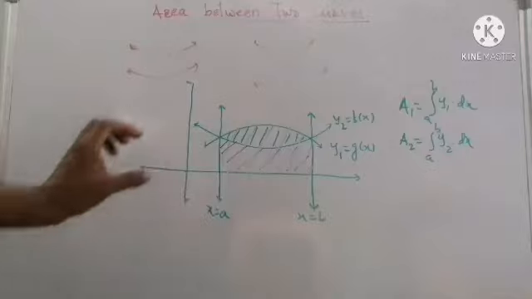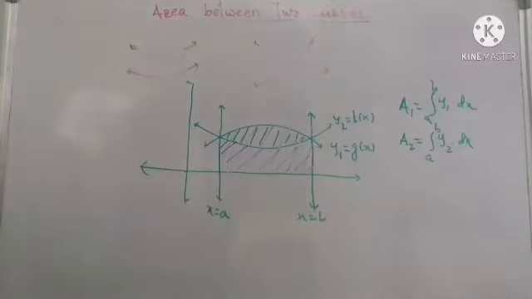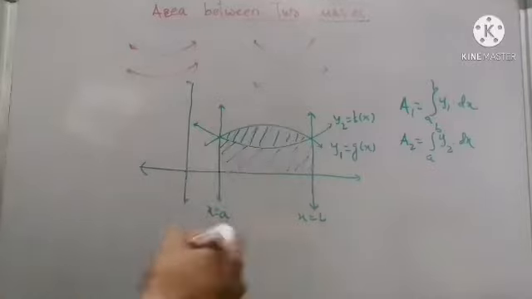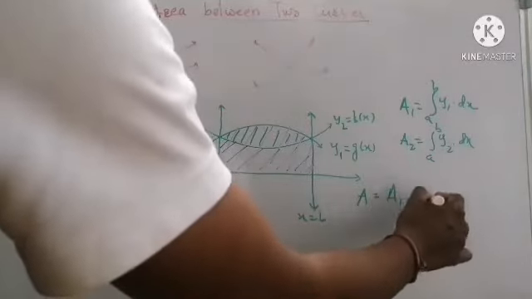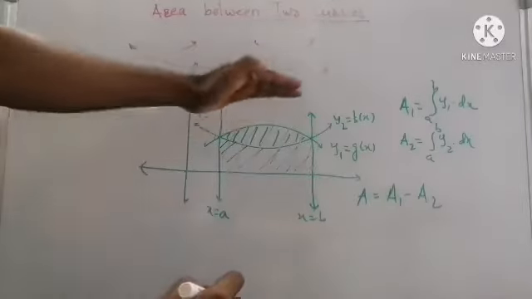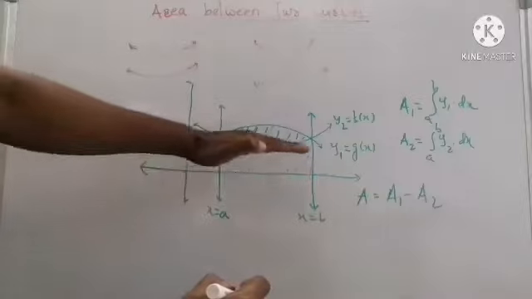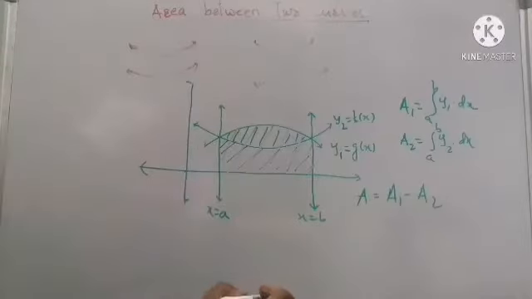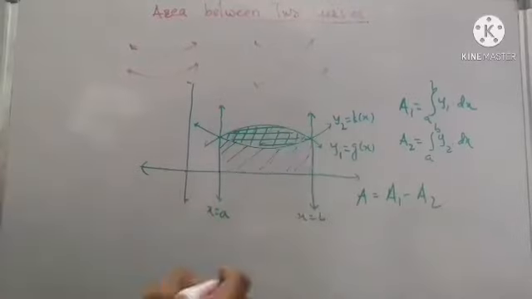As you understand here, the area which we want to evaluate is this region, which is represented by A, and A is equal to A1 minus A2. That means total area minus the area bounded by the second curve. Okay, so we get this area, which is the area between these two curves.